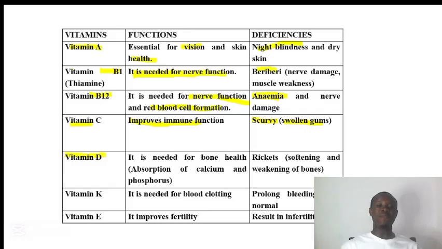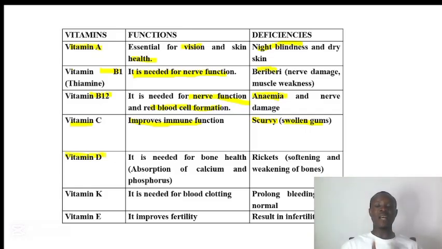And next we have vitamin D. This vitamin D is needed for bone health because it helps in the absorption of calcium and phosphorus from the GI tract, that means from the digestive tract, into our bloodstream.